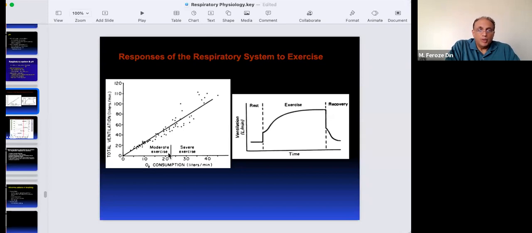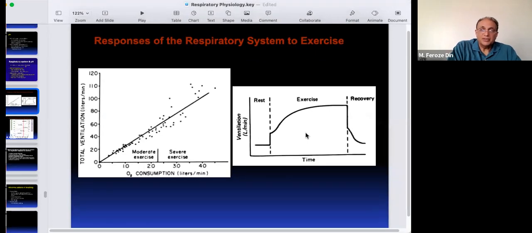If you plot oxygen consumption over the ventilatory rate, in moderate and severe exercise you can see it's almost going parallel. As you exercise more, you not only have to ventilate more, but you are obviously consuming that oxygen.